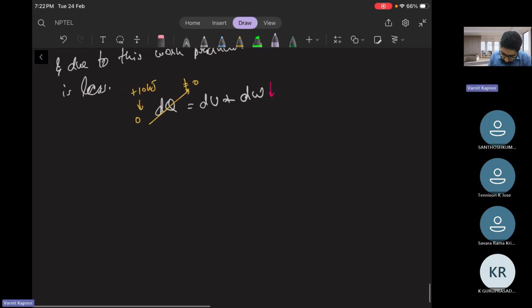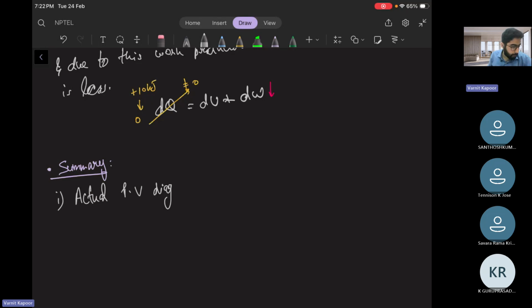Summarize. So the first point is the actual PV diagram consists of two areas. Two areas.